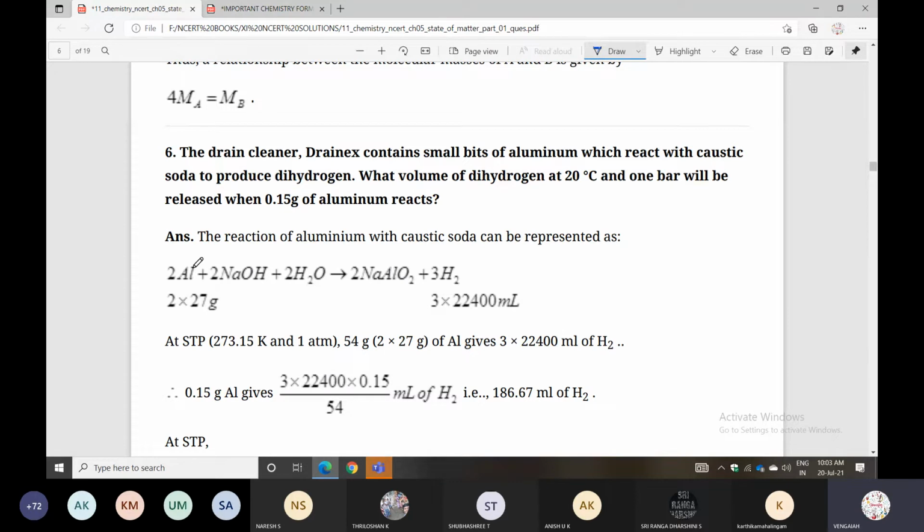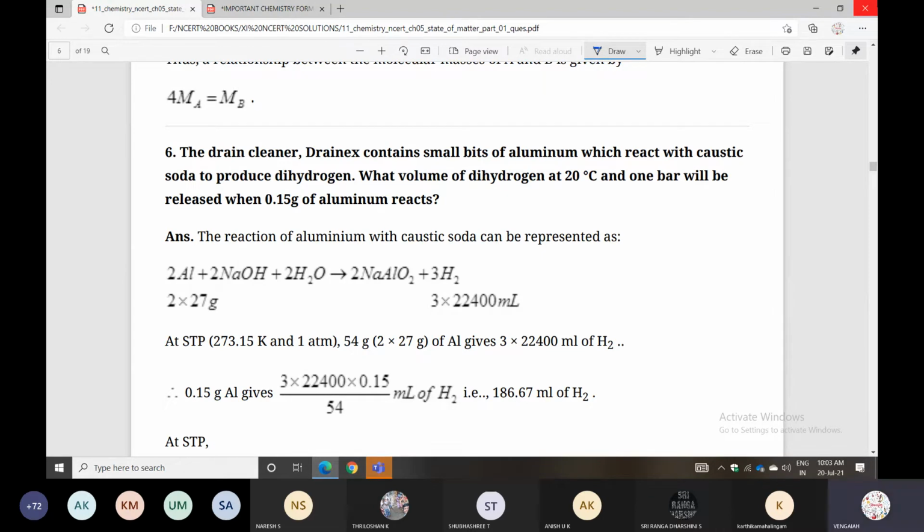The STP condition: temperature is 273.15 Kelvin and 1 bar pressure, and weight also given, 54 grams, and volume also given, based on the reaction equation. So 0.15 gram of aluminum gives how much hydrogen?